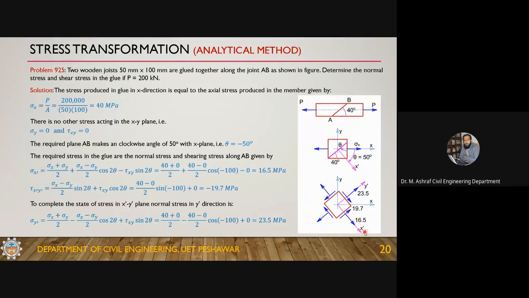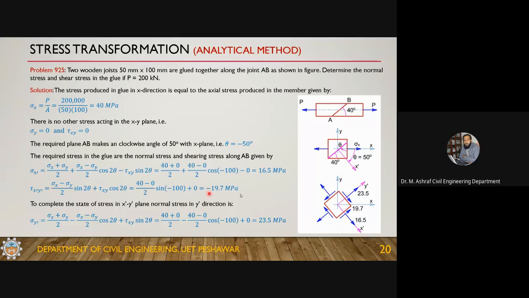On this plane, the normal stress is 16.5 tension and the shear stress is 19.7 negative. Negative means counterclockwise. This one is the x prime plane. On this plane, the shear is producing a counterclockwise effect, so since it is negative, you have to show it as counterclockwise.